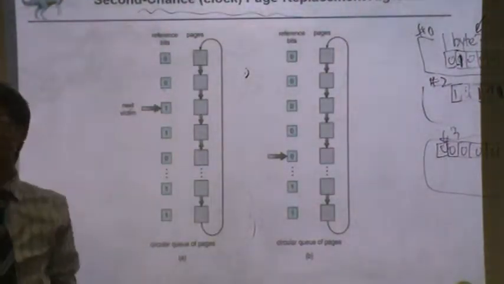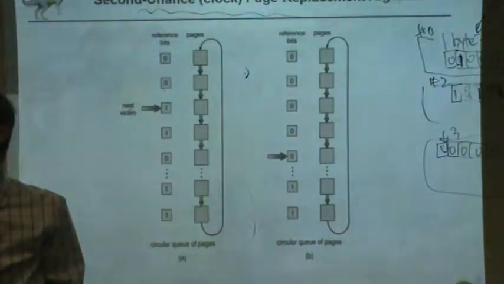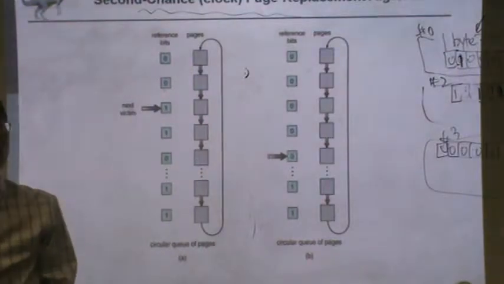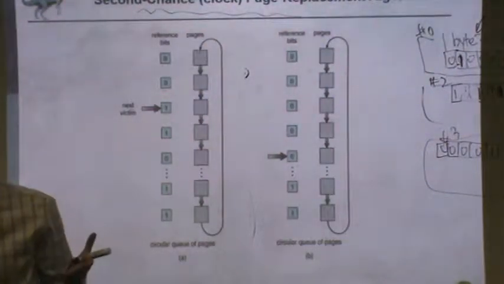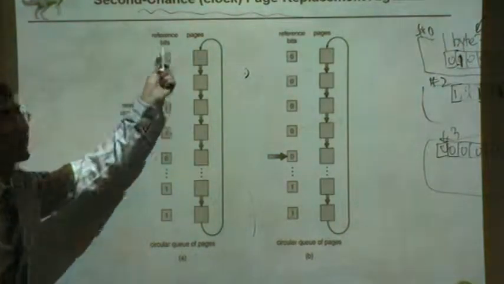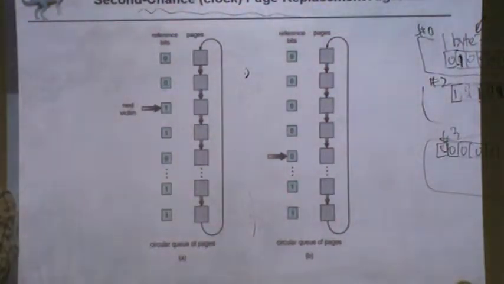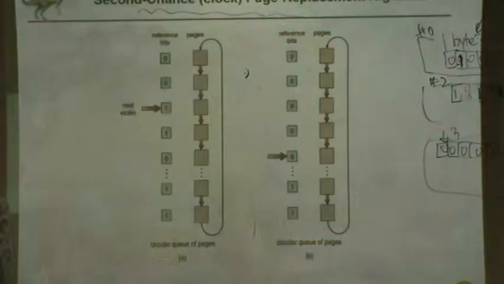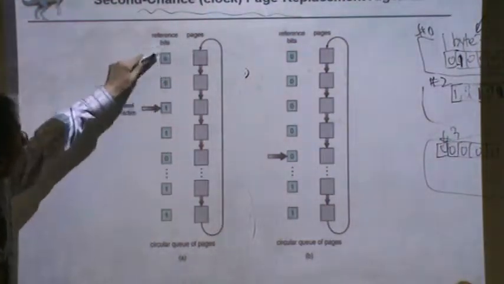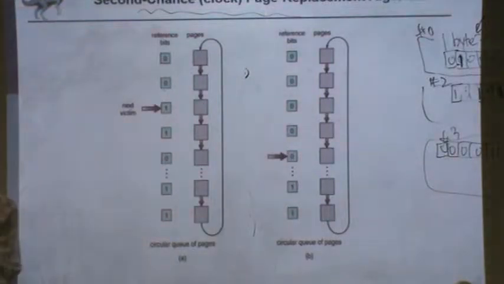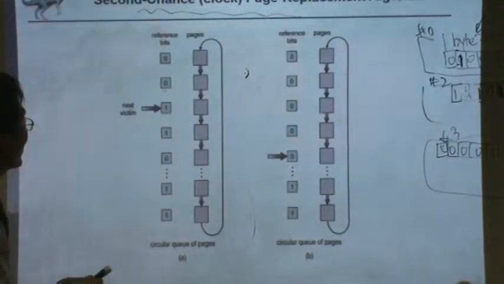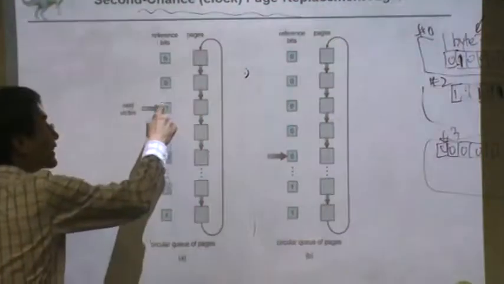As he said, what if we have thousands or millions of pages? So we'd like to keep only 1 bit for each page. 0 means not referenced, 1 means referenced.